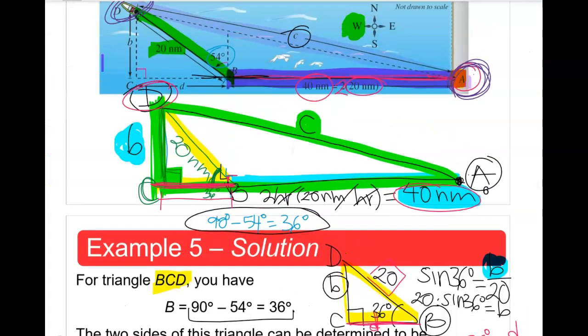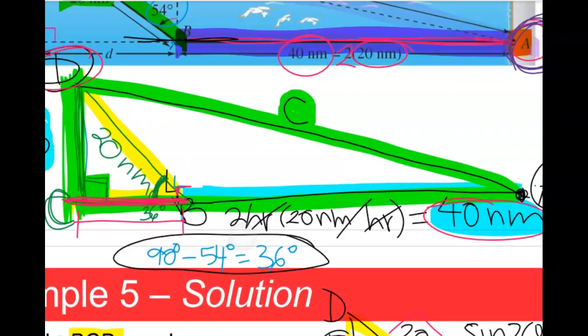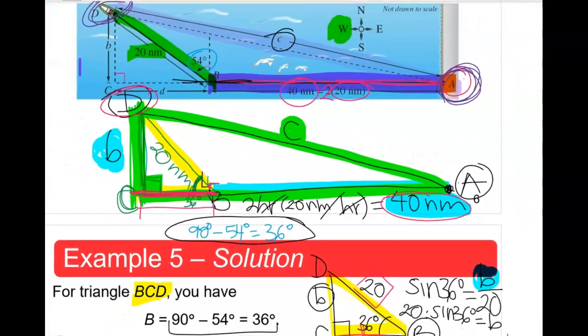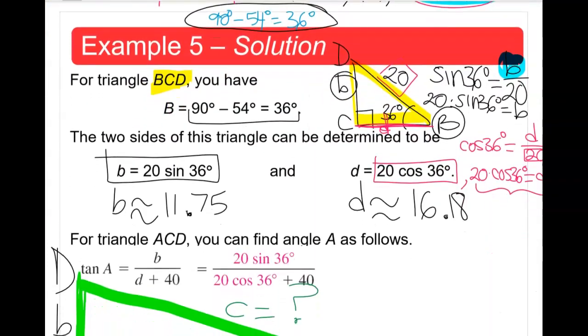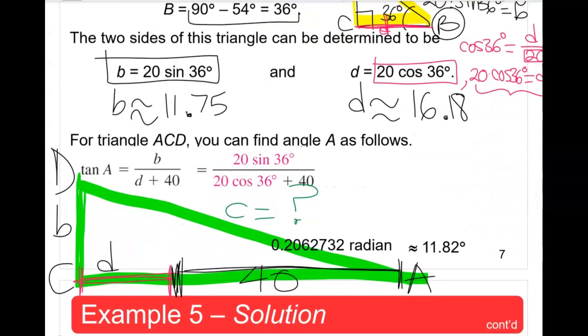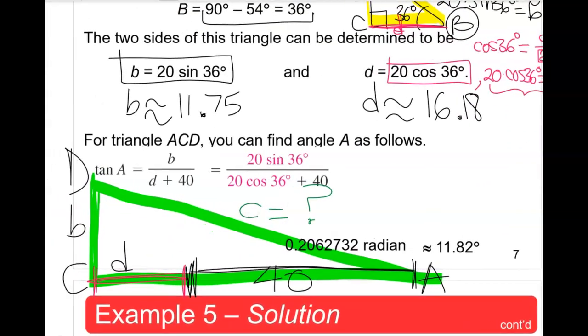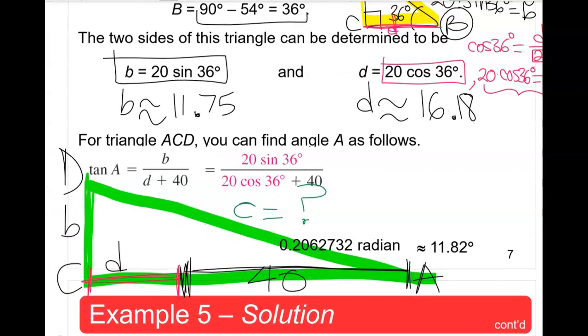So the same big green triangle that we have here, I have attempted to draw it again so we could see it down here. And so let's go over it again. The question is to find this value here, lowercase c, which is the distance from point D to point A. That's what we're trying to find.